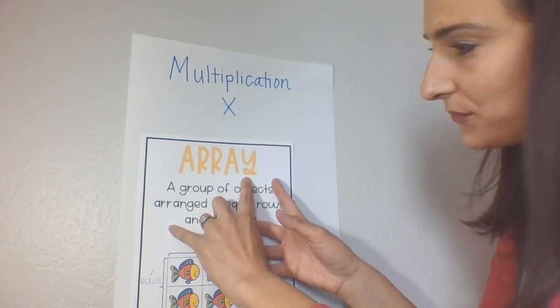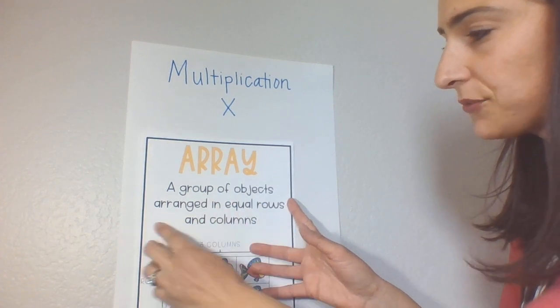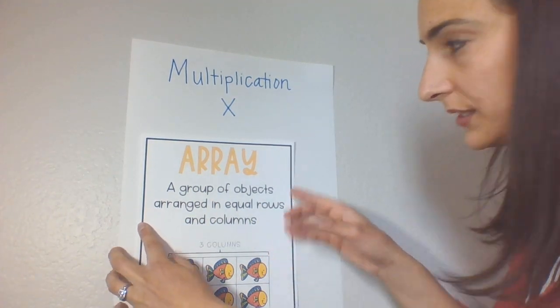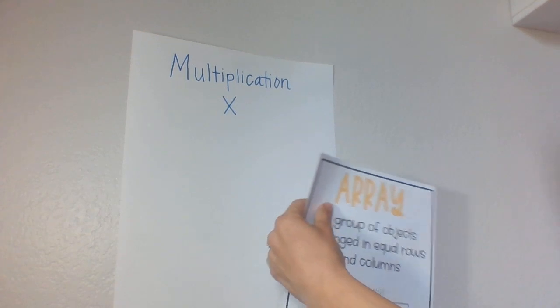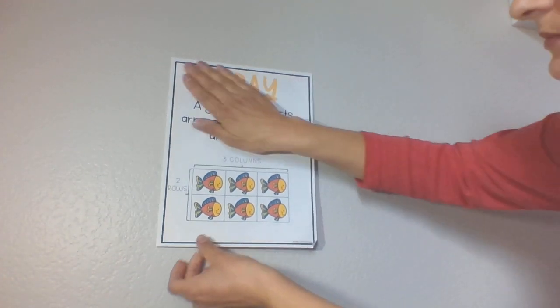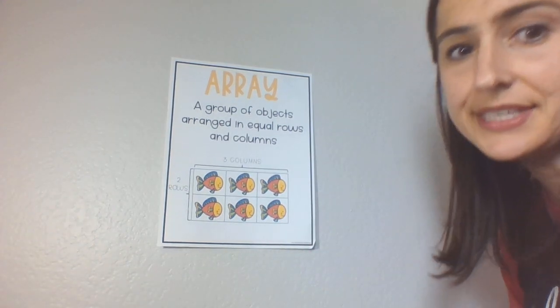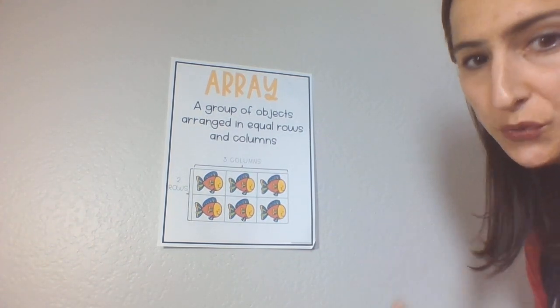A-R-R-A-Y. Thank you. An array is a group of objects arranged in equal rows and columns, like you see here. I'm going to tape this up for us. All right, this word is going to be very important in today's lesson and within this multiplication unit.